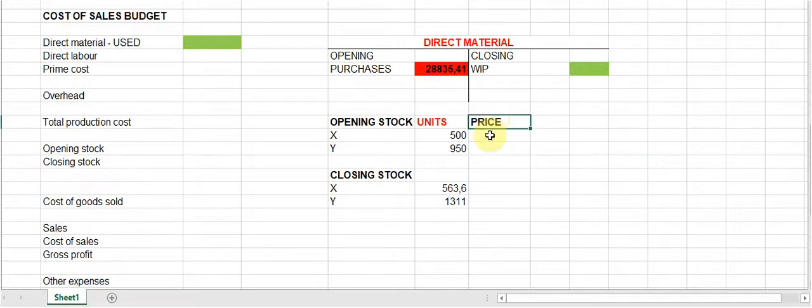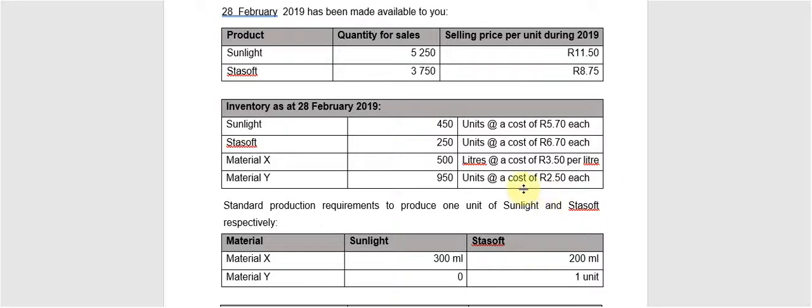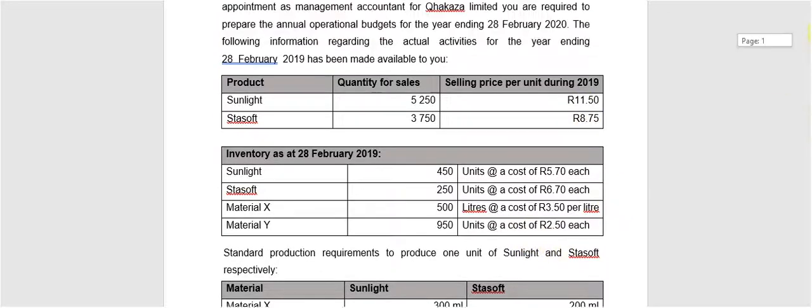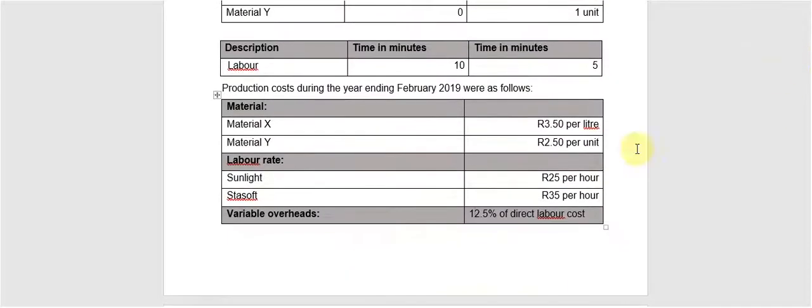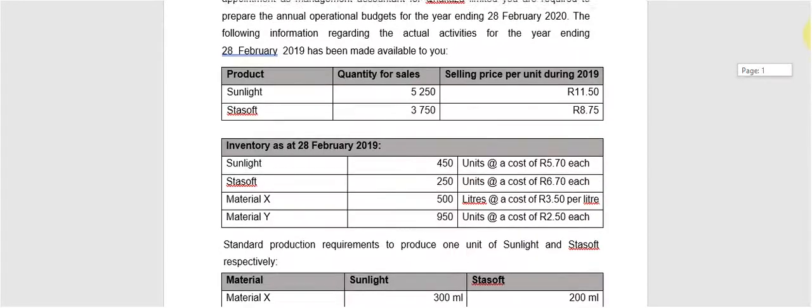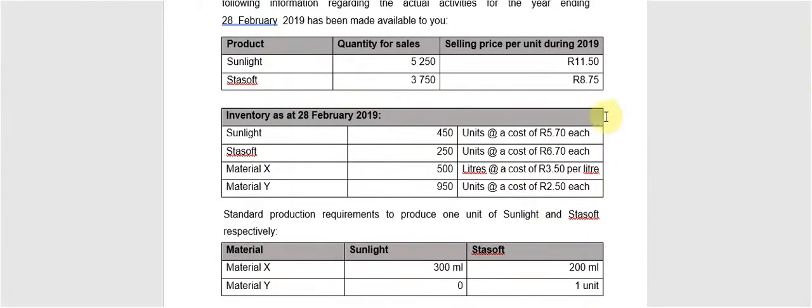That is not something that you have to struggle with. If I look at the prices, it was R3.50 and it was R2.50, I believe. And again, I've read it from two places, here as well as here.